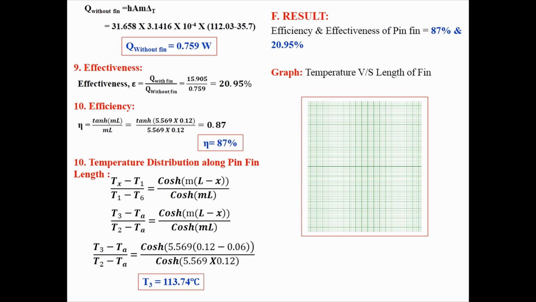Substitute 0.06, divided by cos hyperbolic mL, where L represents the total length of the aluminum fin. Substitute, and you will get T3 equal to 113.74 degrees Celsius.